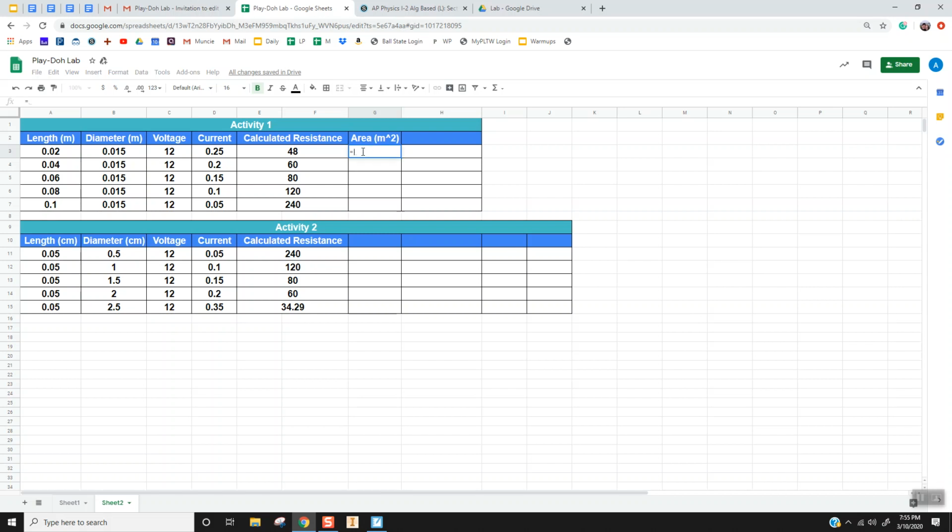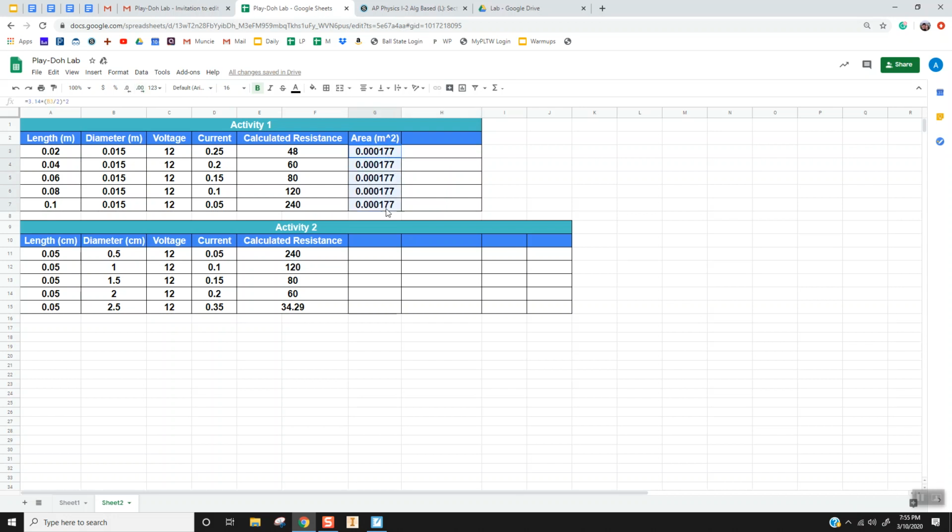So this is going to equal 3.14 times, well, that's diameter, so parentheses, diameter divided by 2, in parentheses, and then take that to the power of 2, because that's going to give me pi times r squared. We're going to go ahead and drag this down. And then if we want, we can even show some extra decimals here.